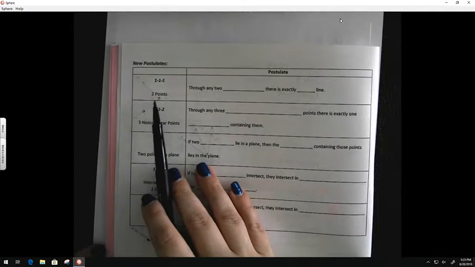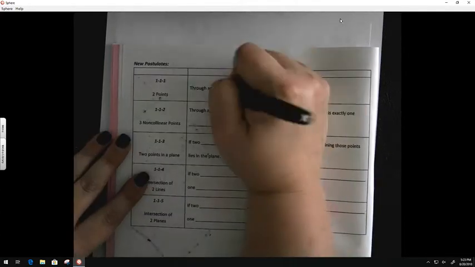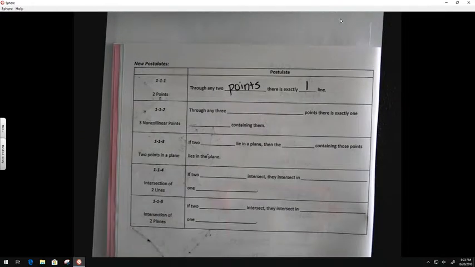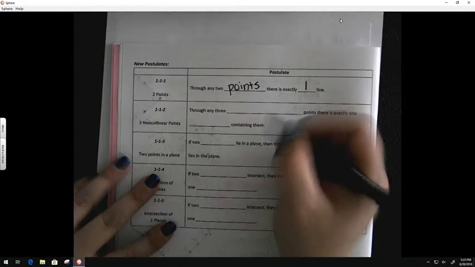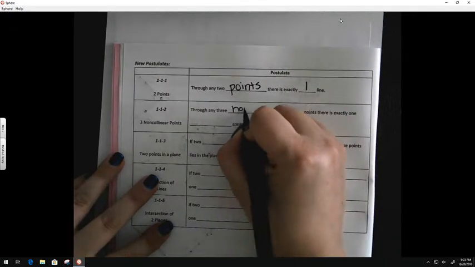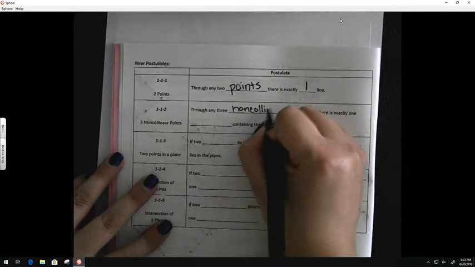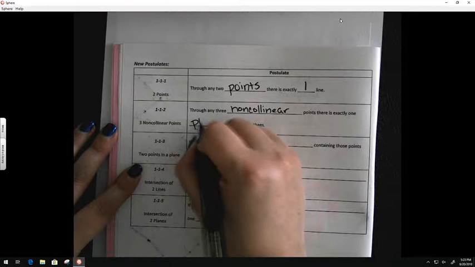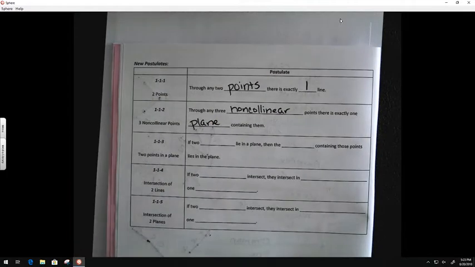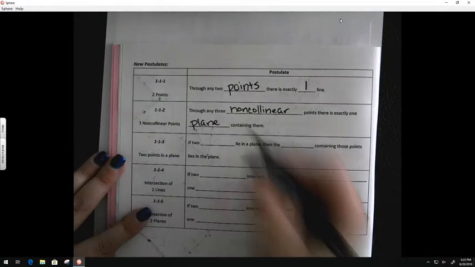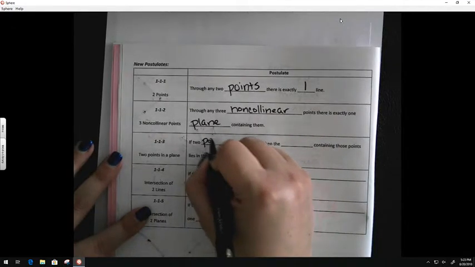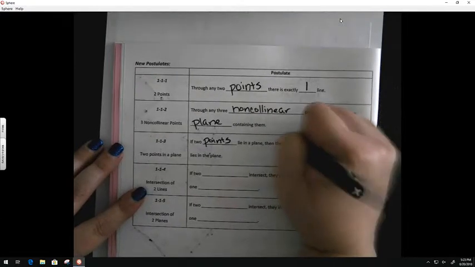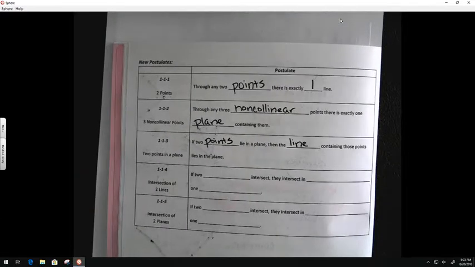So this first postulate, through any 2 points, there is exactly one line. Through any 3 non-collinear points, there is exactly one plane containing them. If 2 points lie on a plane, then the line containing those points lies in the plane also.